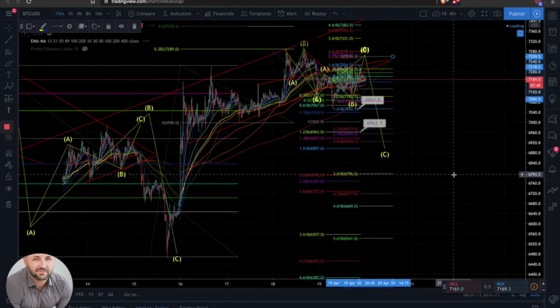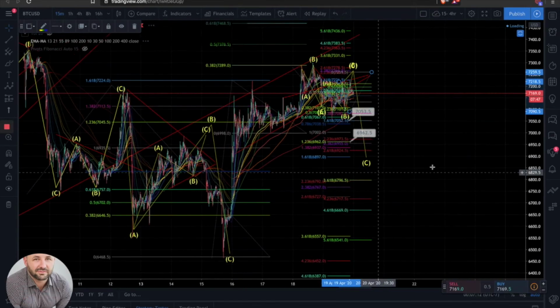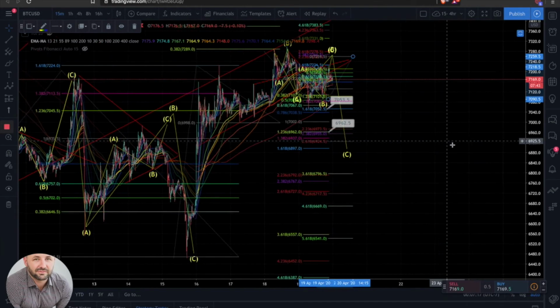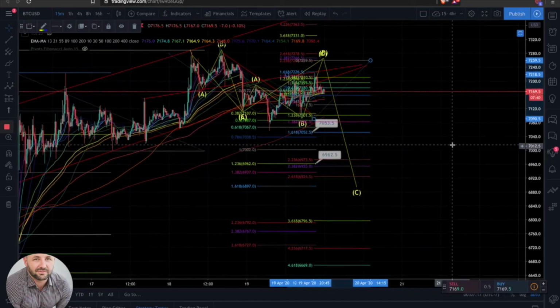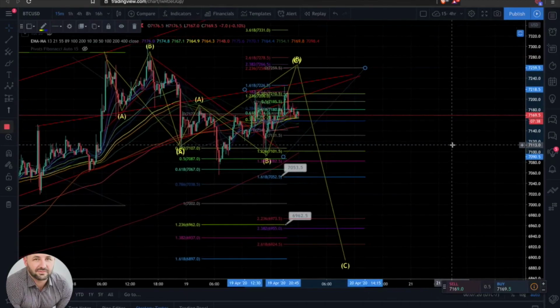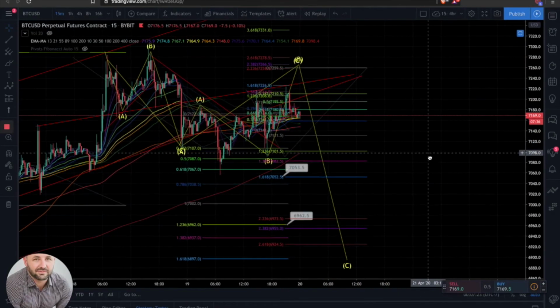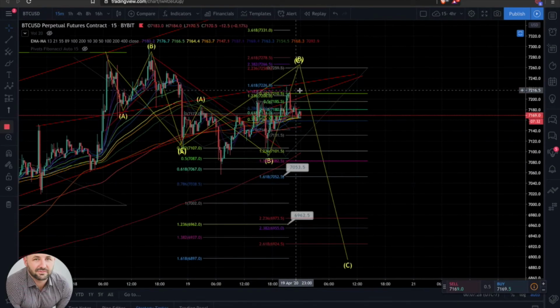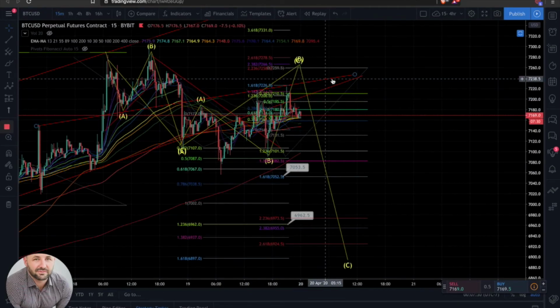Like I said before, I'm looking at this as the WXYXZ to ultimately play out. Again, complex correction after complex correction. Currently, what I'm looking for is this to have a little bit more of a pump up.